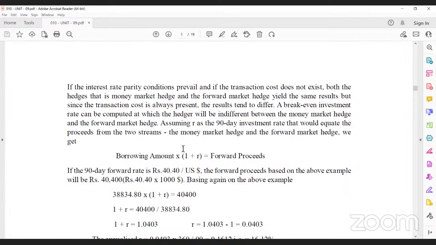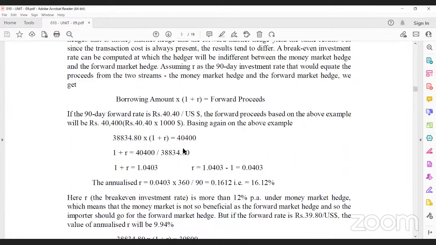In this case, money market hedge and forward market hedge yield the same results. But since the transaction cost is always present, the result tends to differ. Assuming R as the 90-day investment rate that will equate the two different streams, money market hedge and forward market hedge, the formula is: borrowing amount x (1 plus R) equals the forward price.